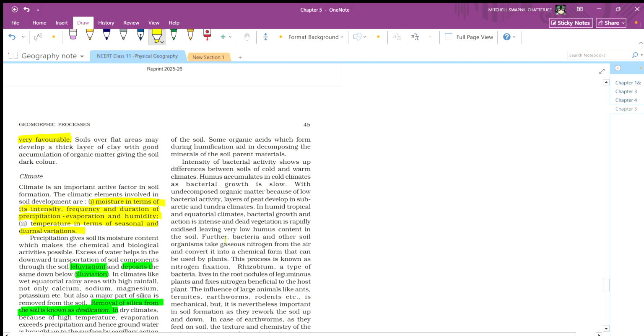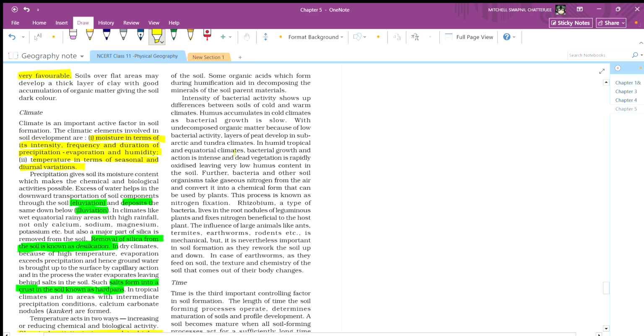Further, bacteria and other soil organisms take gaseous nitrogen from the air and convert it into a chemical form that can be used by plants. This process is called nitrogen fixation.